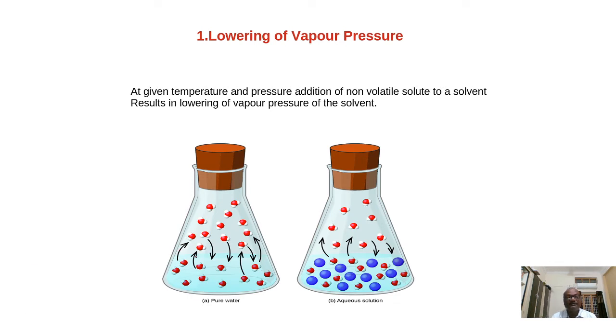One is, this is the first case, we are observing a pure solvent. Suppose let's say water, pure water. So it contains only the solvent molecules. It is a closed container also. At a given temperature, what happens? The liquid solvent molecules will evaporate to fill the space present above the liquid.